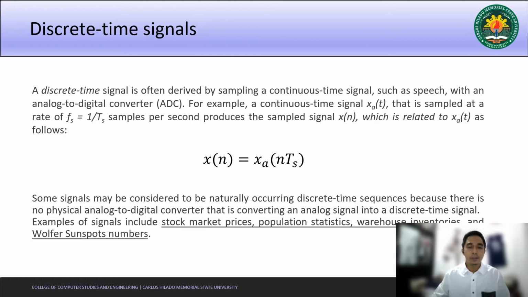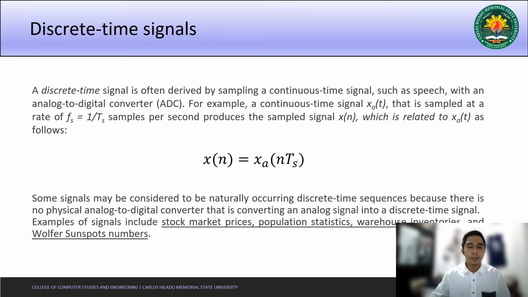So this is the function: x of n equals x sub a of n multiplied by the period T. That would be the function for this signal. Some signals may be considered naturally occurring in discrete time sequence because there is no physical analog to digital converter converting an analog signal into a digital signal.